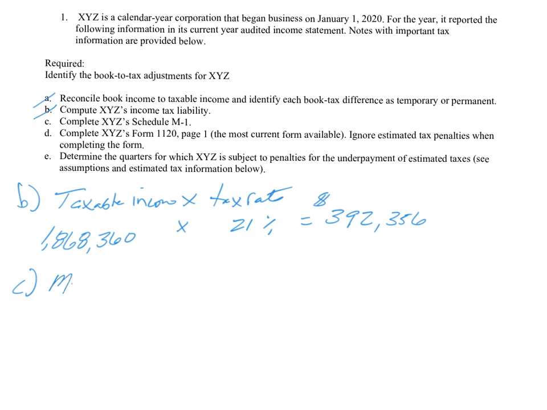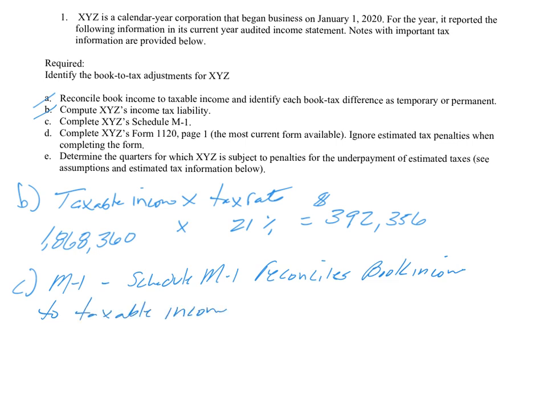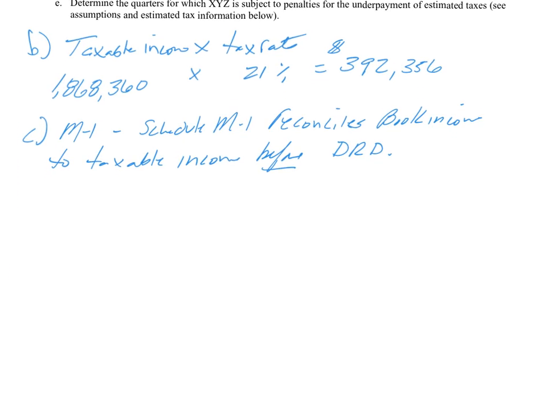And so let's do that, but let's note that our Schedule M1 reconciles book income to taxable income before the dividends received deduction. Okay, so that's important to remember.